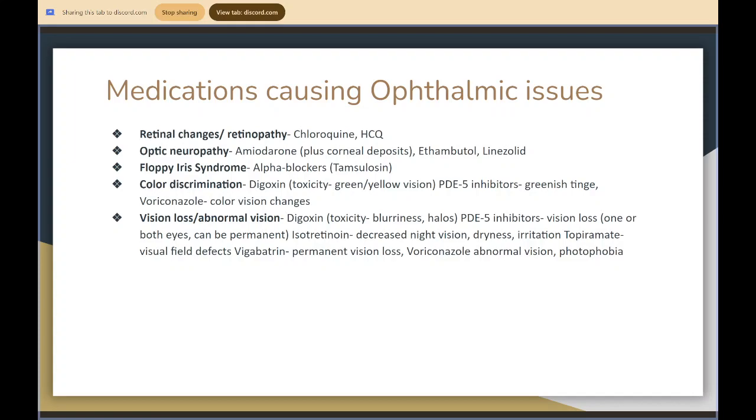Isotretinoin, decreased night vision, dryness of the eye, and irritation. Topiramate can cause visual field defects. Vigabatrin can cause permanent vision loss, and voriconazole can cause abnormal vision and photophobia. All of these that are listed here are in the study guide as well as Past NAPLEX.